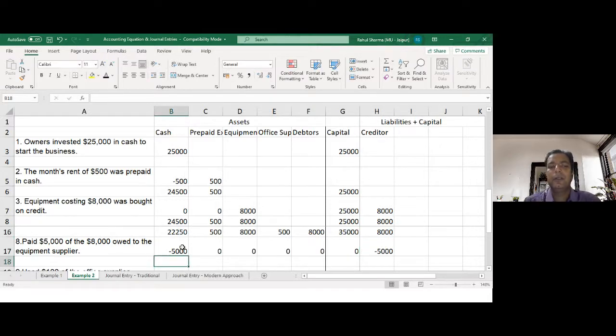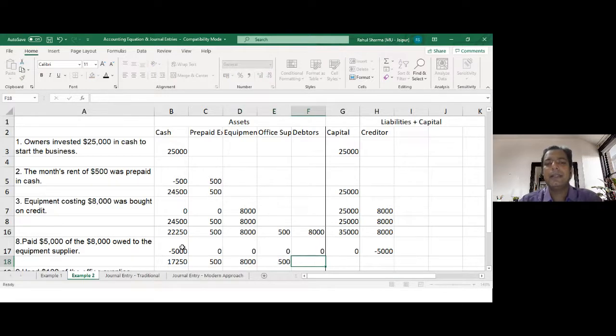I'm left with 17,250 of cash, 500 of prepaid expenses, 8,000 of equipment, 500 of office supplies, and 8,000 of debtors. Again, I have 35,000 of capital, and I have 3,000 of creditors.